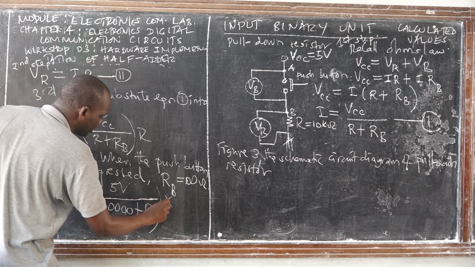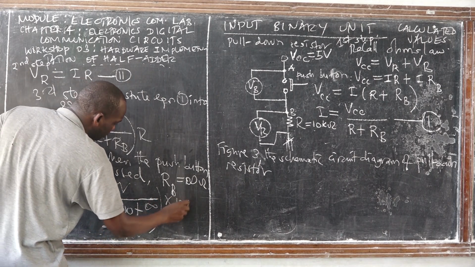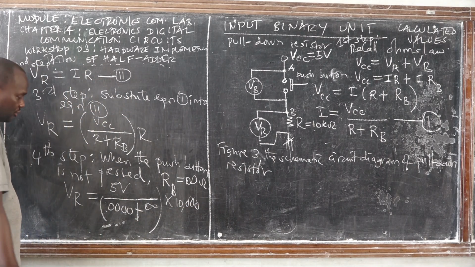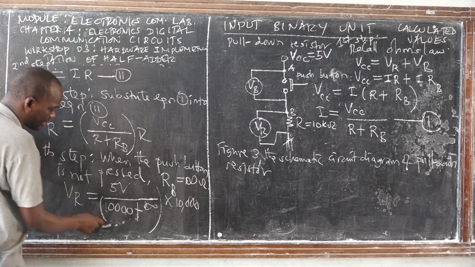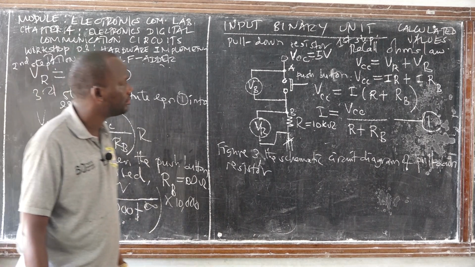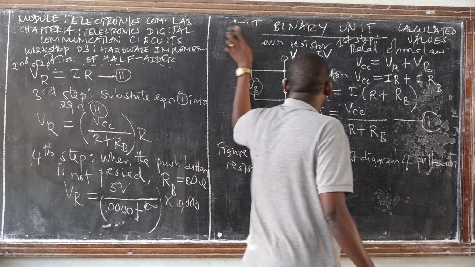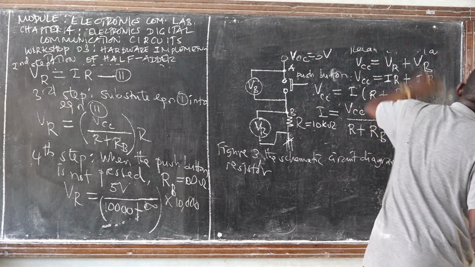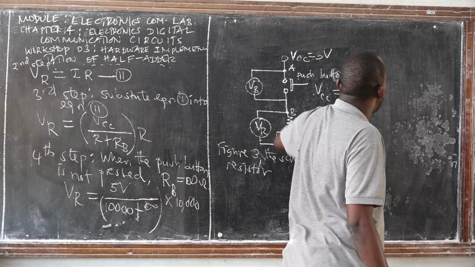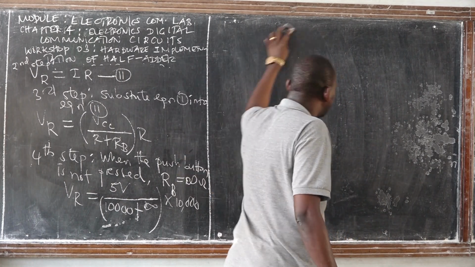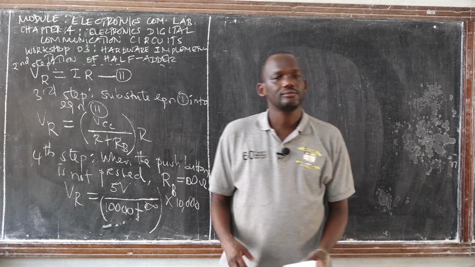Then multiply by the resistance, which is 10,000 ohm. So infinity plus 10,000. What do you get? I want to hear the entire class.